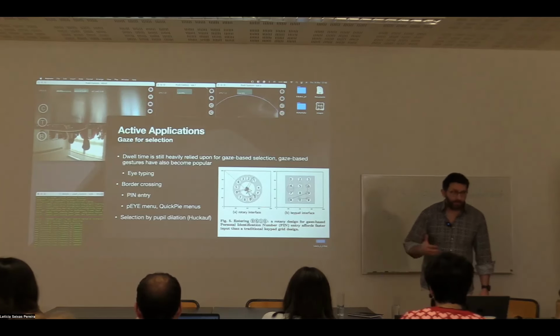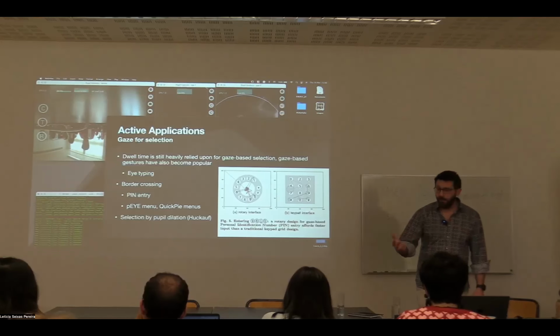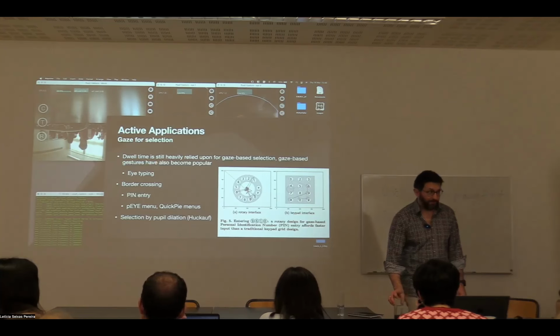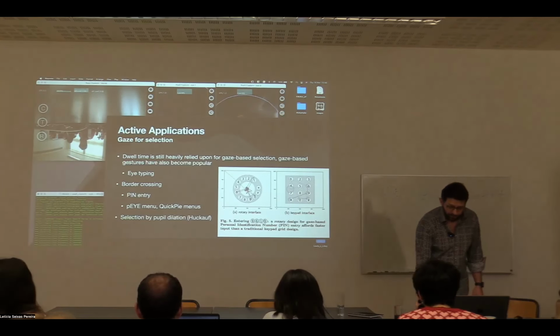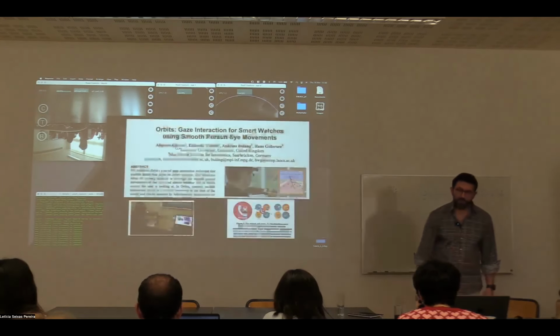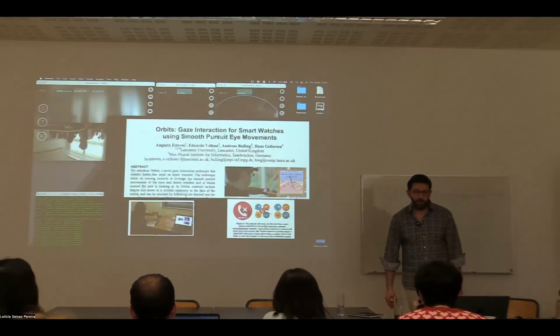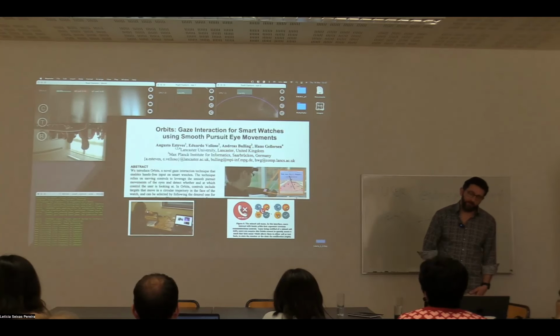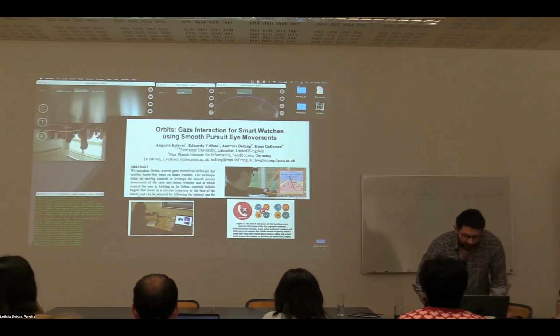There are excellent applications of this for people with movement disabilities. When you cannot use your hands or anything else for the keyboard, you can use your eyes and have a very dedicated interface.